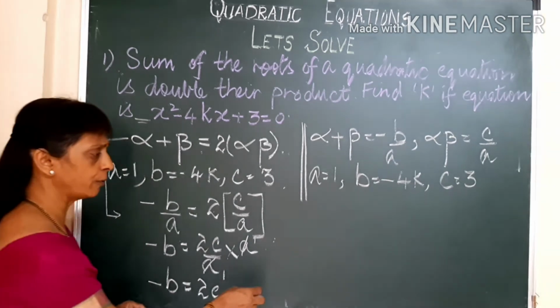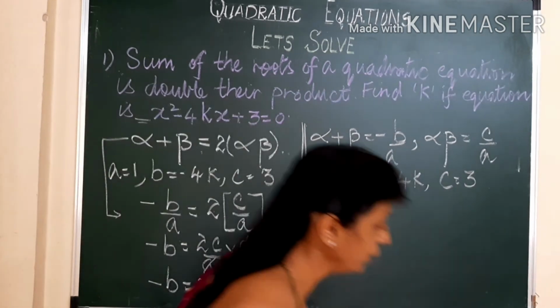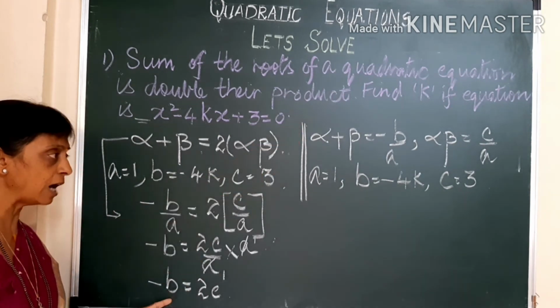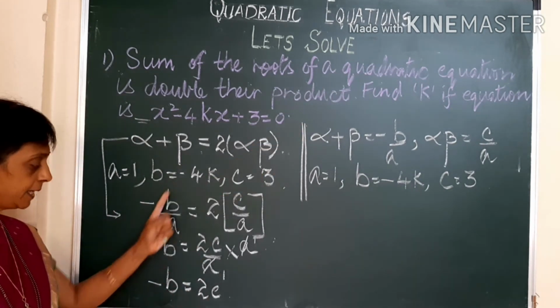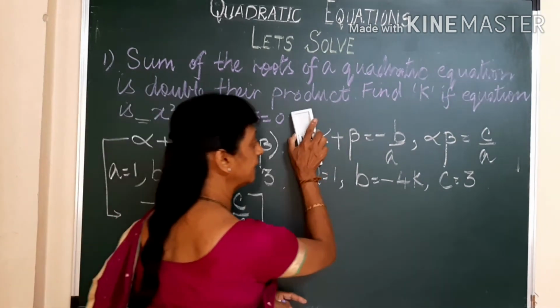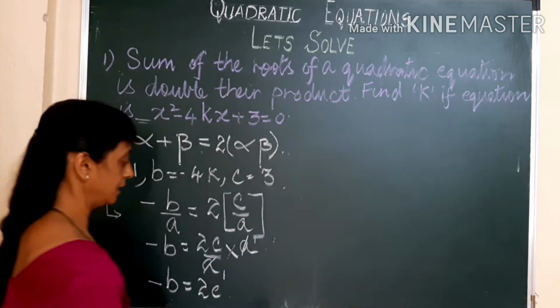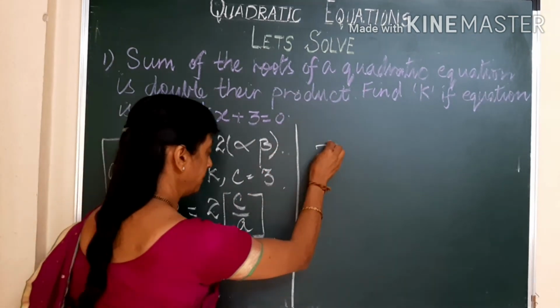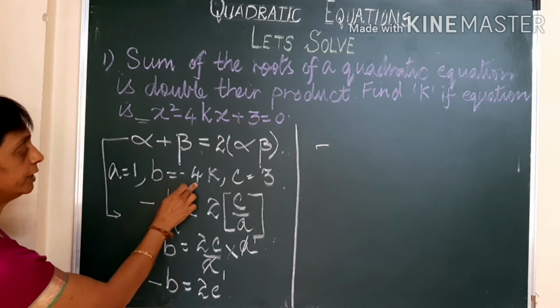Have you finished with the problem, children? No, definitely not. You have to find out the value of k. So now let's substitute what is b and what is c and see if we can get the answer. So let's start. Minus, what is b, children?